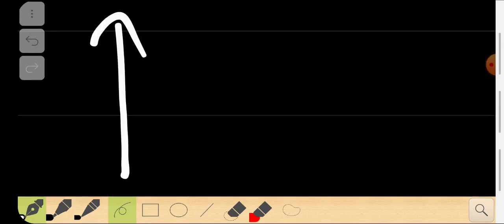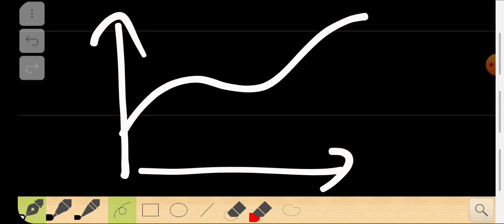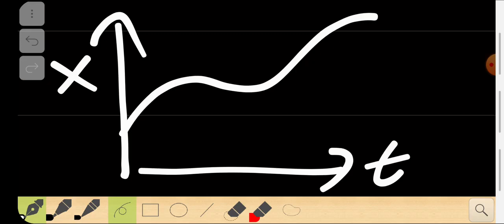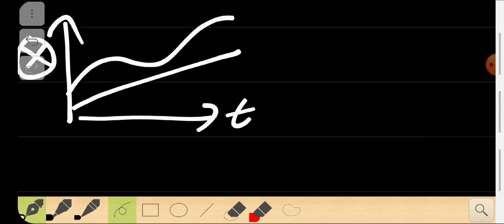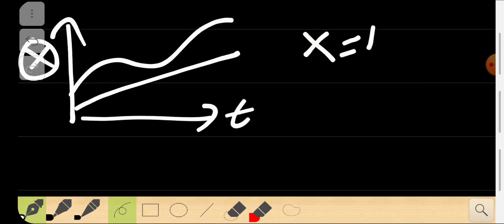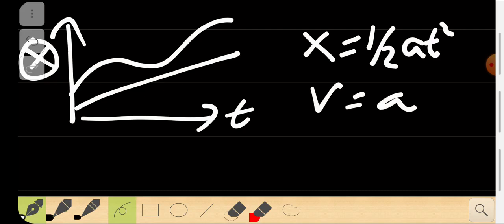Now if you have a plot like this, a displacement versus time graph, and you take the differential of that equation, dx by dt, you get a velocity. For example, you can take x equal to half a t square, and you get v equal to at, and acceleration is equal to a.